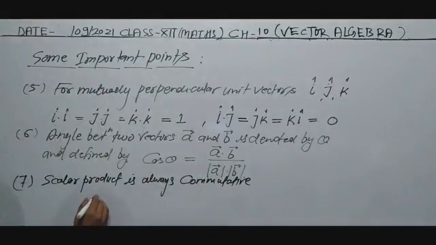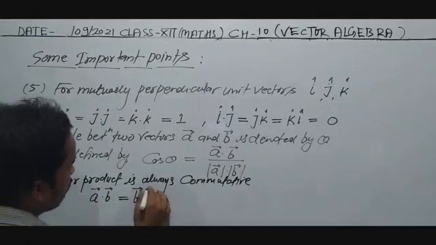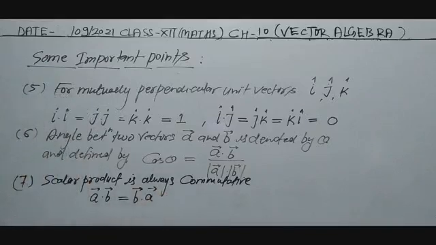This implies we can write vector A dot vector B is equal to vector B dot vector A. This is commutative. Now these are the properties or some important points related to scalar product of two vectors. Now this is completed.